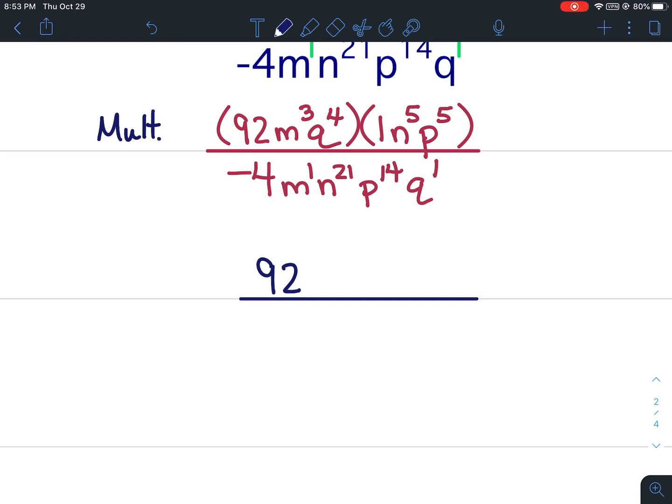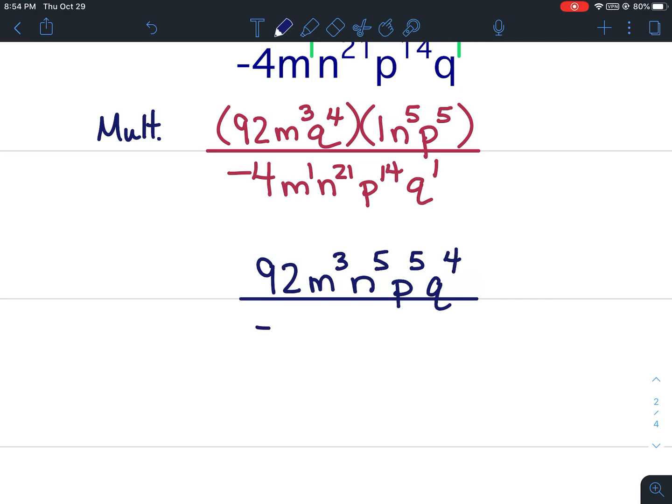None of them repeat, so I just need to bring them down in alphabetical order. So that would be m to the 3rd, n to the 5th, p to the 5th, and q to the 4th.